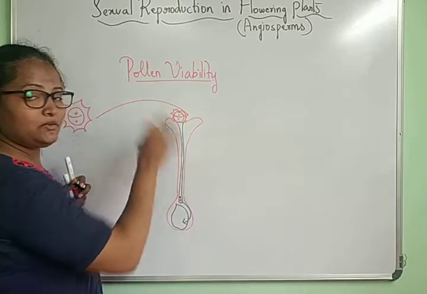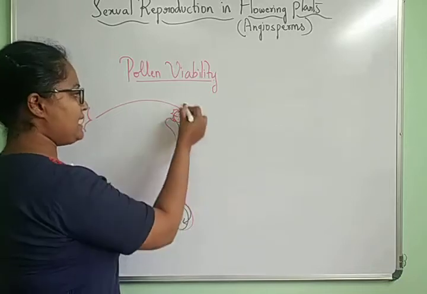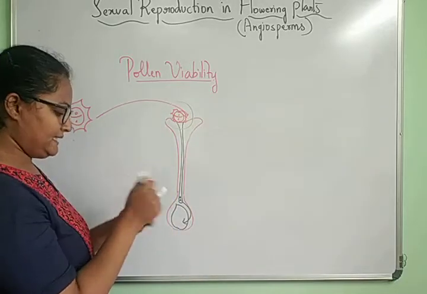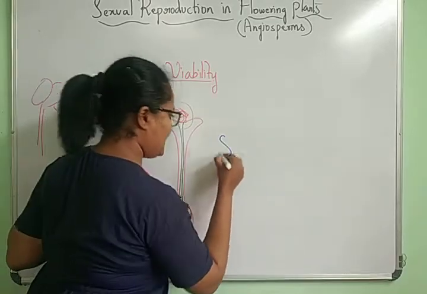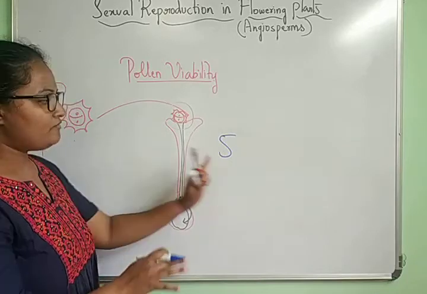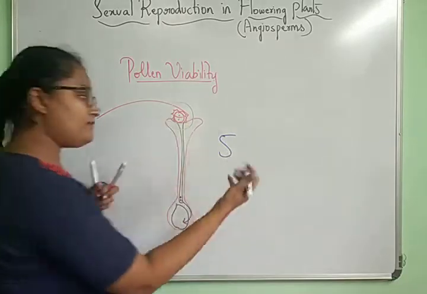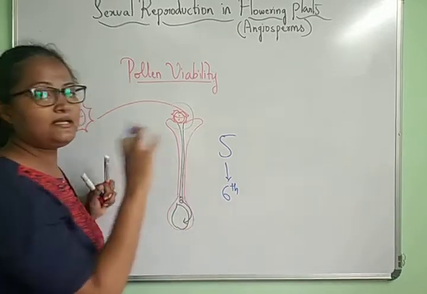So this time duration is called viability. Just imagine a pollen grain is inactive for 5 days. They stay on the surface of the stigma for 5 days. After the 5th day, that is the 6th day, they start to germinate.